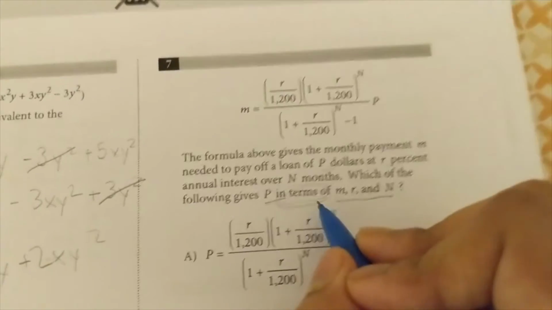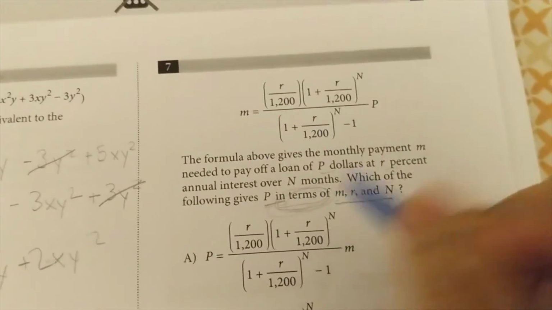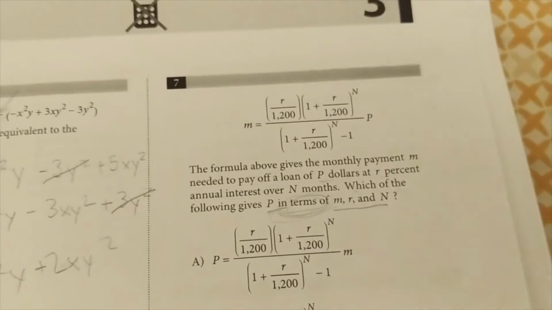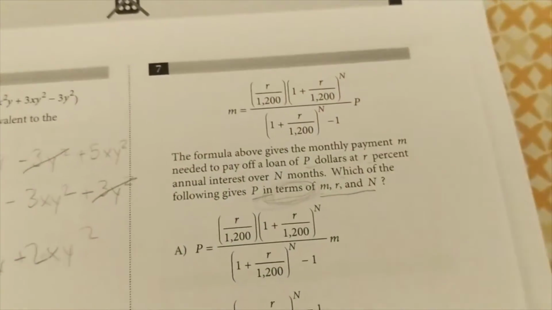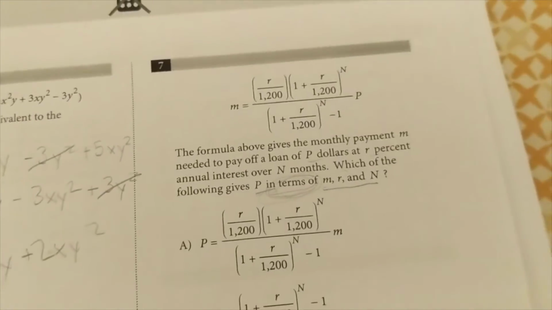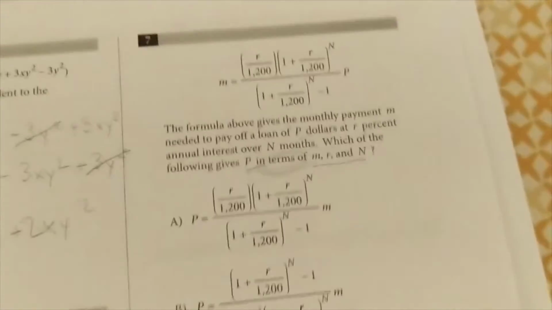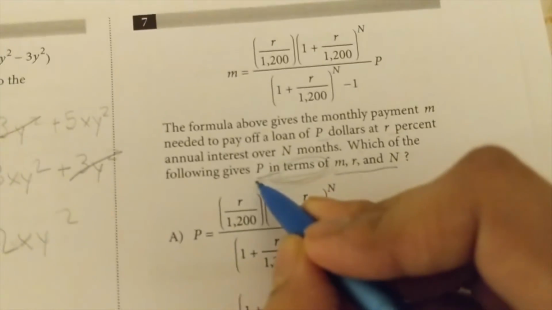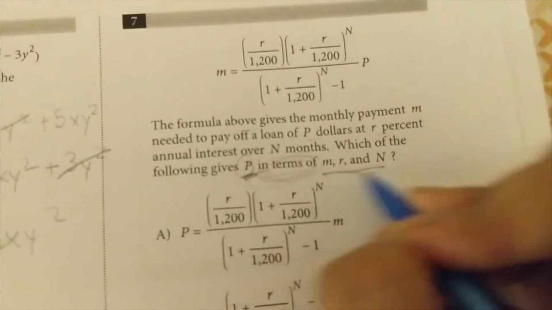In terms of is pretty much a godsend when it comes to an SAT question, because they are incredibly simple, and they come in with the face of looking really hard, but in reality, they're some of the simplest ones out there. They're kind of easy points. So it gives P in terms of all of this.